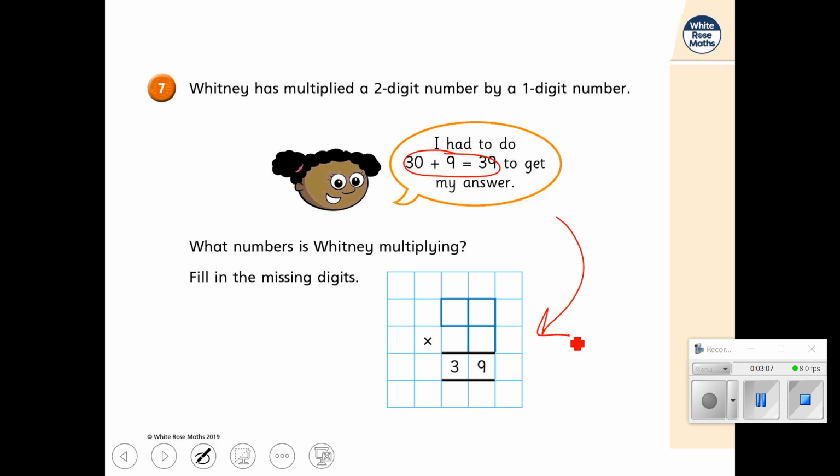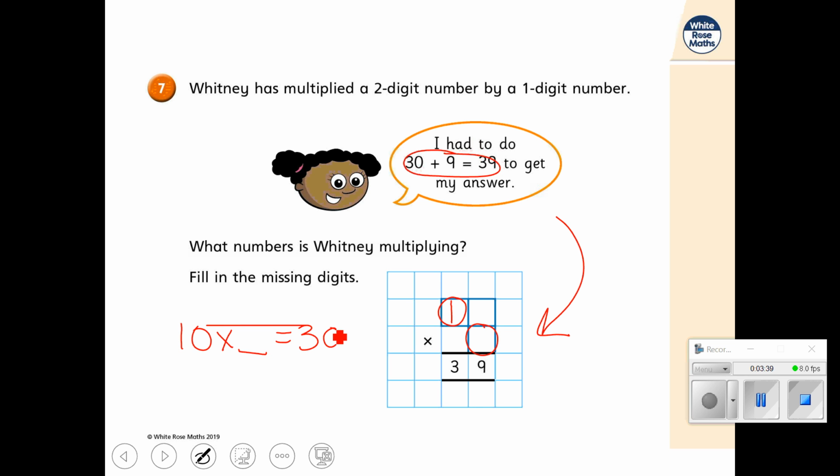So basically, I know that when I multiply my 10s digit by the other number, I am going to get 30. My 10s digit has got to be a multiple of 10, which is why it's in the 10s column. So I'm going to start by putting a 1 in my 10s column. Whatever that digit is, which is 10, whatever we multiply it by, I am going to get 30.